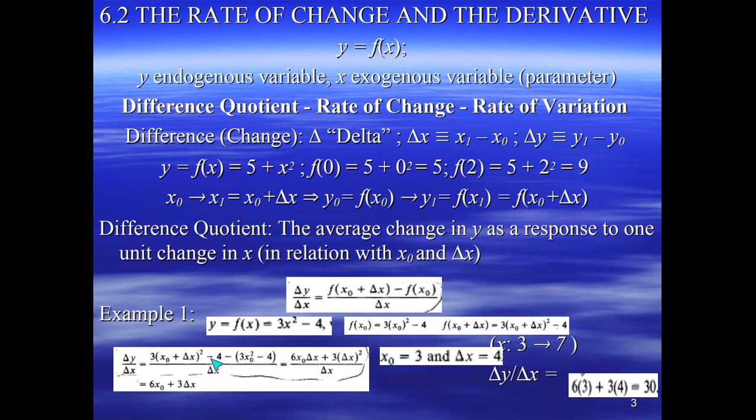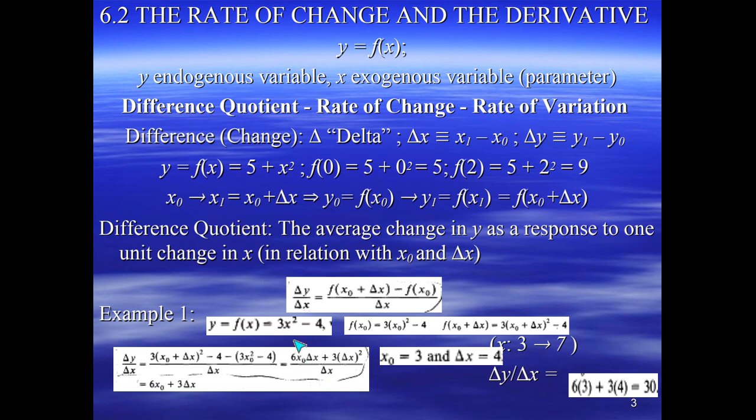Minus 4 and plus 4 annihilate each other. It's 0. It goes away. And then we have 3x0 squared minus 3x0 squared, which go away as well. They annihilate each other. So we remain with 6 times x0 times delta x, plus 3 times delta x squared, all divided by delta x. And since delta x is not 0, however small it might be, it's different from 0. It can be negative or positive, but it's not 0.